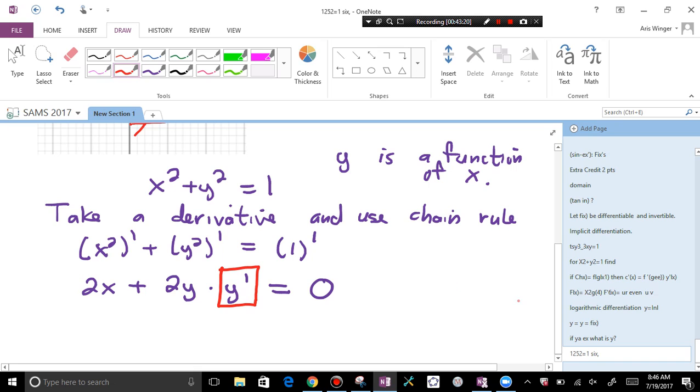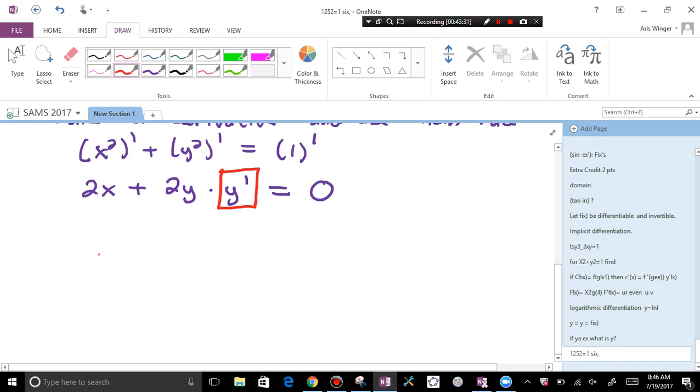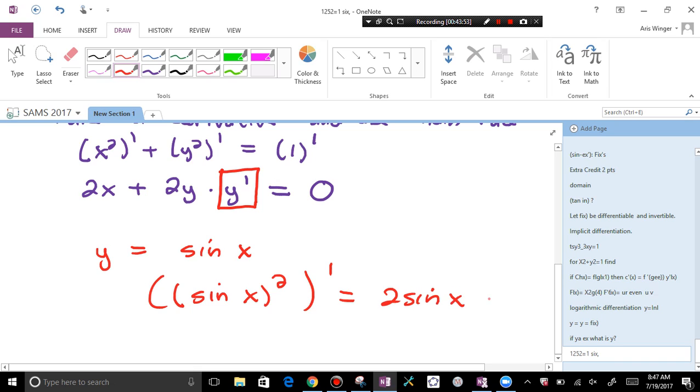Excellent, excellent. So it's all based on this assumption, right? Thank you for your question, I want to take a derivative. So suppose y is equal to the sine of x, right? So what's the derivative of sine of x squared? 2 sine x cosine x.